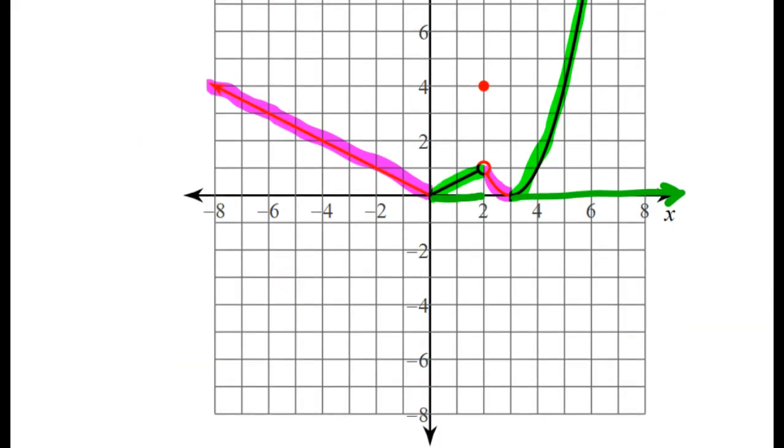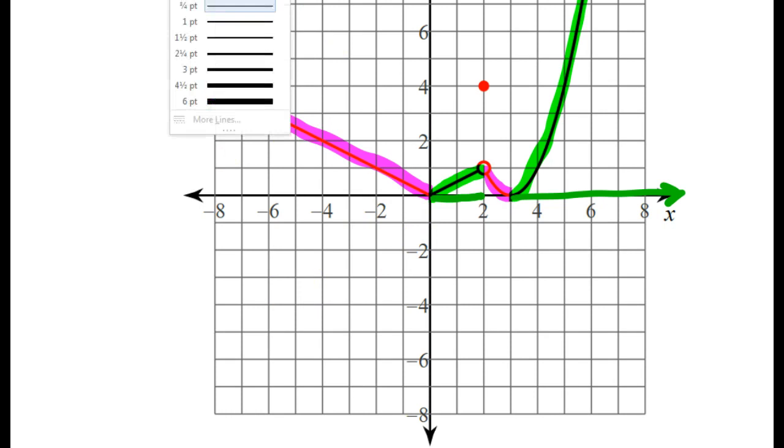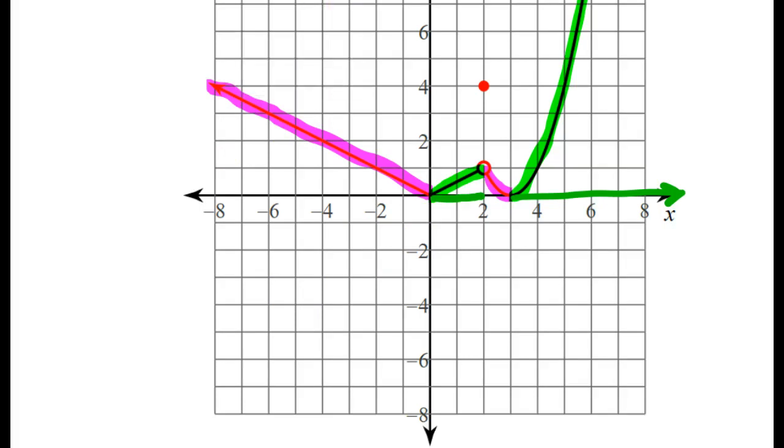Okay, now let's do the domain for the decreasing part of the graph. So remember, we're doing domain, so I'm going to stick to the x-axis here. The domain of this first decreasing part goes from here to here, and then there's another decreasing part from here to here.